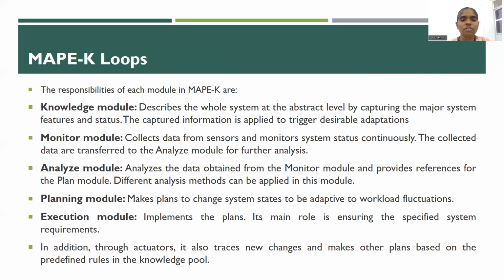An execution module will be implementing the plans. So the main role here is we have to ensure the specified system requirements. In addition, these actuators are used to trace new challenges, and as per the challenges, the decision will be taken from the direction of the knowledge pool and it will be executed.